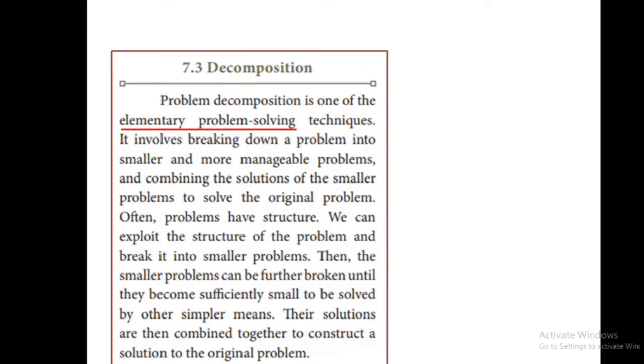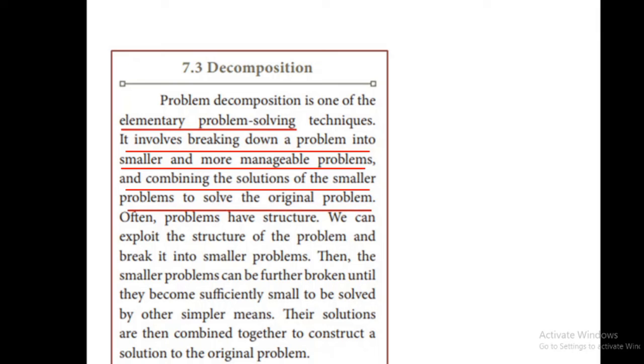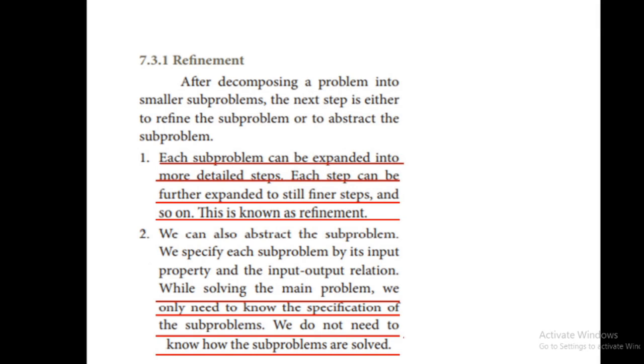Decomposition. Decomposition is one of the elementary problem solving techniques. It involves breaking down a problem into smaller and more manageable problems and combining the solutions of the smaller problems to solve the original problem. So, refinement.